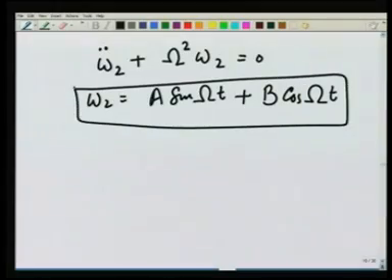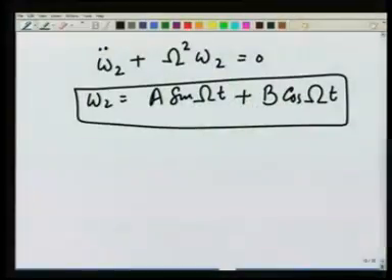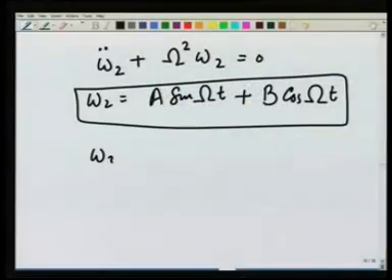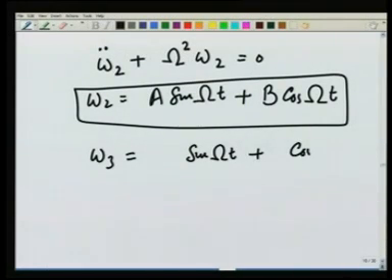So, as the body would fall, omega 1 would be constant, omega 2 would be just changing periodically. How about omega 3? I will leave it as an exercise for you to show that omega 3 would also change in the similar manner, sine omega t plus cosine omega t with some constants in the front.